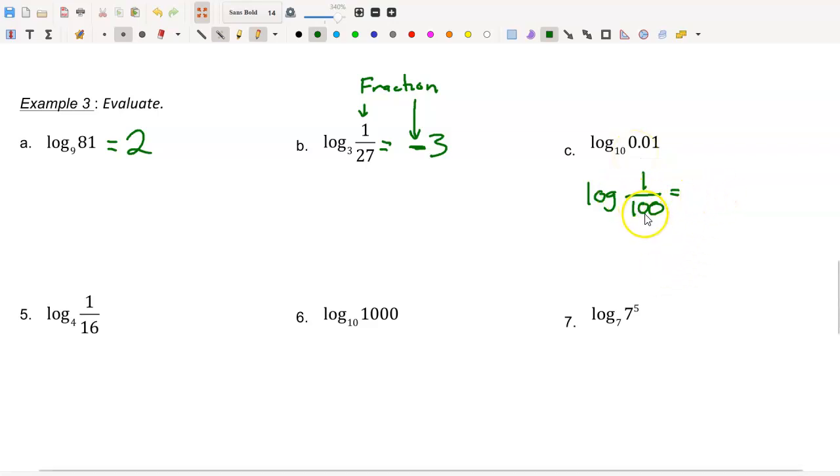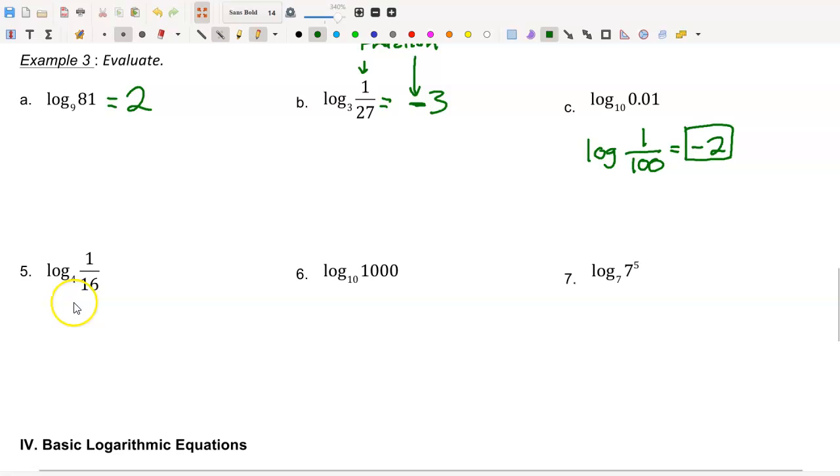So 10 to the second power is 100, so 10 to the negative second power is 1 over 100. So get really comfortable with the idea of having a negative answer here as an exponent without having any negatives in the problem, right? Let's see here. Why don't you guys try 5, 6, and 7? Do a few on your own. See how that goes.